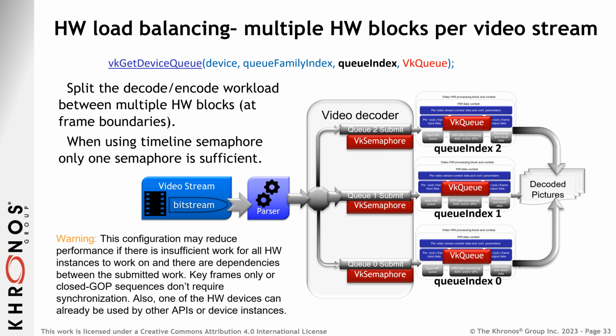One timeline semaphore or a pair of wait and signal binary semaphores per queue can be used to ensure the dependency between the video operations. If there are no dependencies between the queue operations within the stream, then no semaphore use will be required. With very little reorganization, these multiple queue configurations give Vulkan video applications tremendous power.